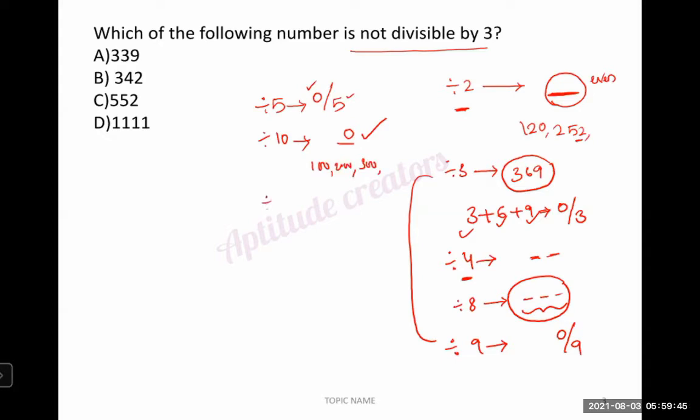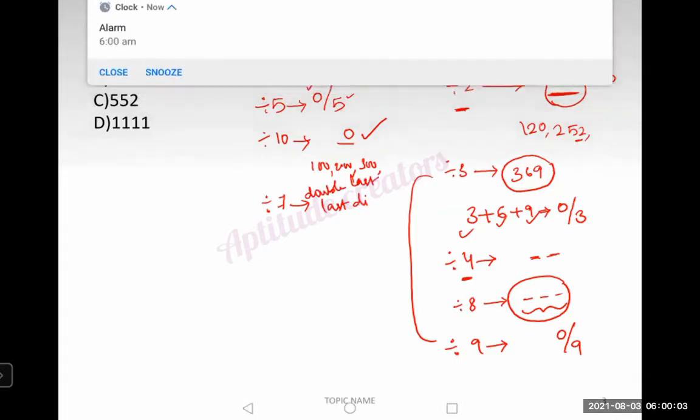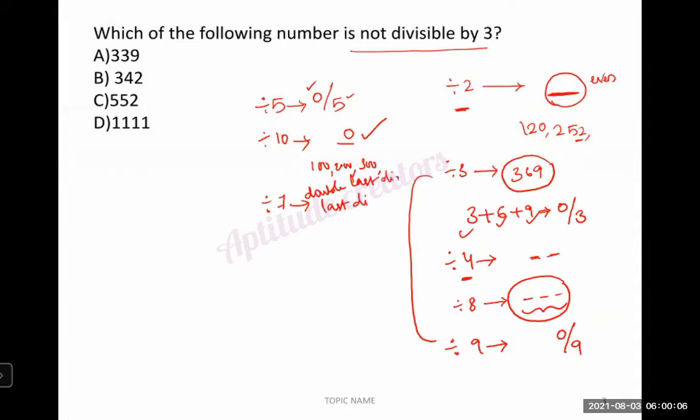Now, what about the divisibility rule for 7? The divisibility rule for 7 is nothing but double the last digit and subtract it from the rest of the digits.